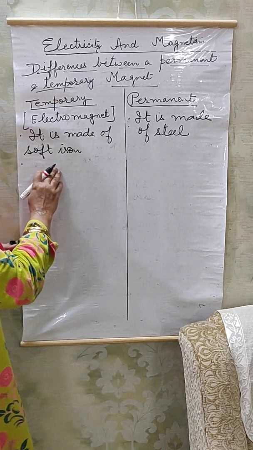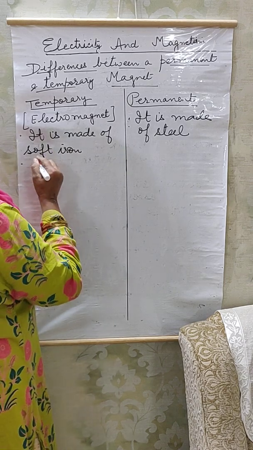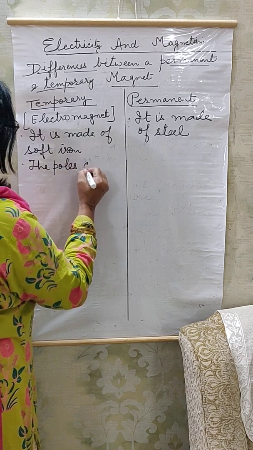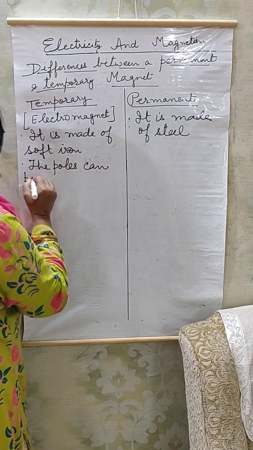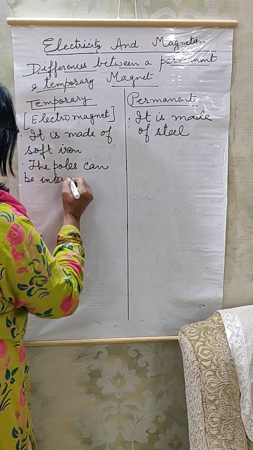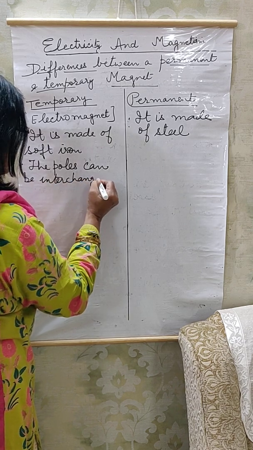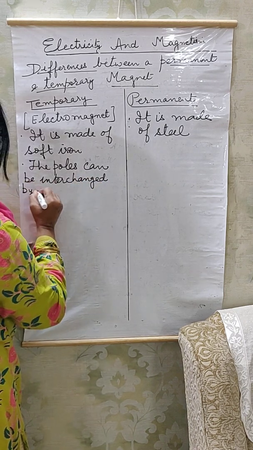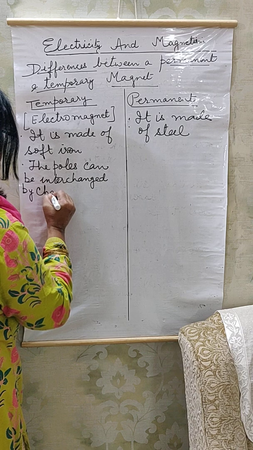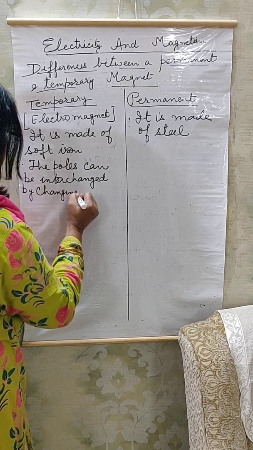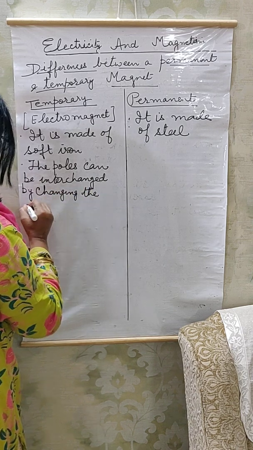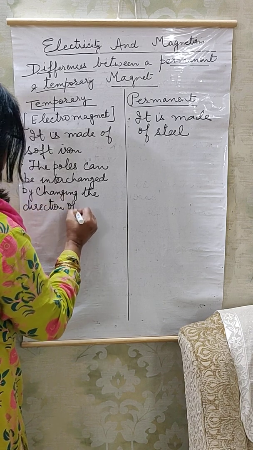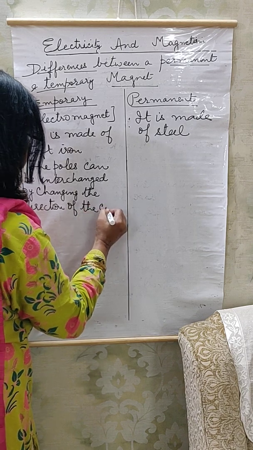In this temporary magnet or electromagnet, the poles can be interchanged by changing the direction of the current.